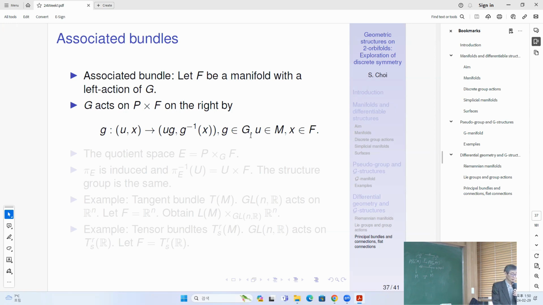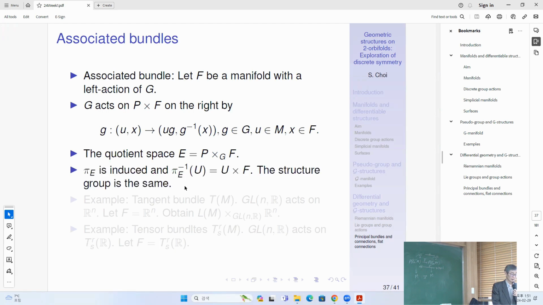And then you have these conditions. This is a free action because G acts on P freely, so it doesn't matter what happens to F. So you take E to be P times F modulo G.